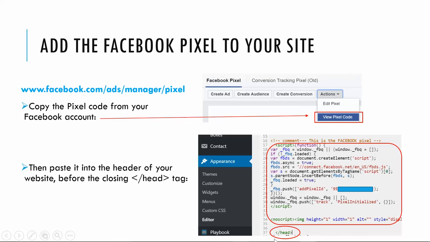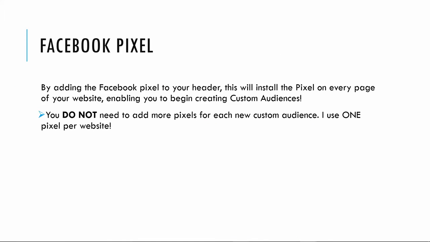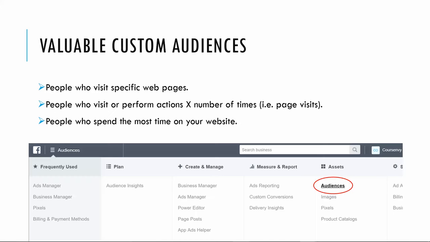I pasted it before the closing head tag. By adding your Facebook pixel to your header, you will install the pixel on every page of your website, enabling you to create these custom audiences. Remember, you do not need to add more pixels for each new custom audience. 1 pixel per website.